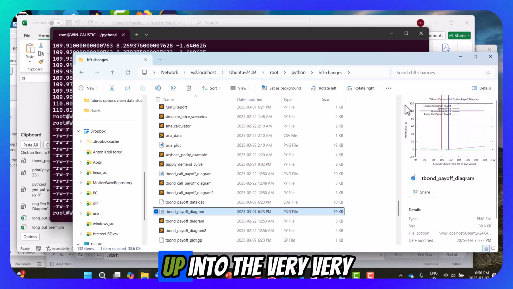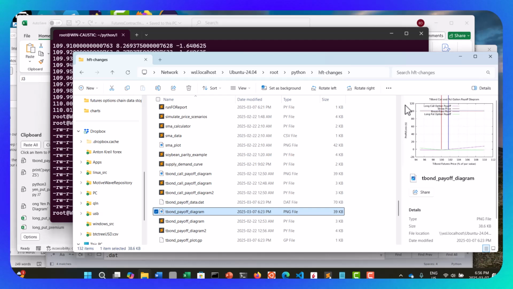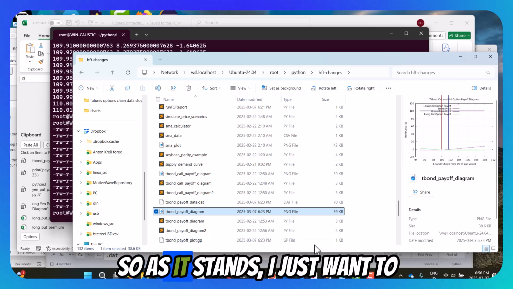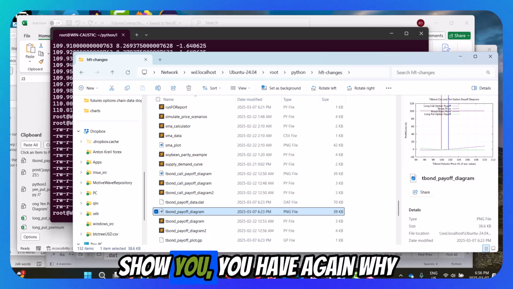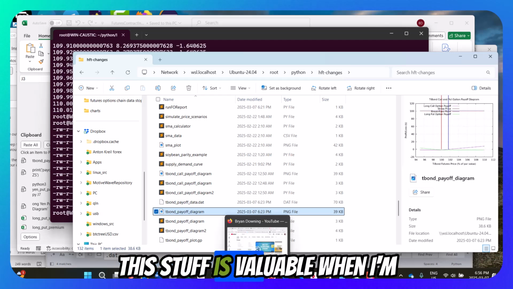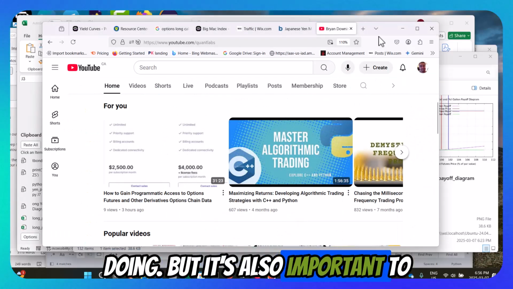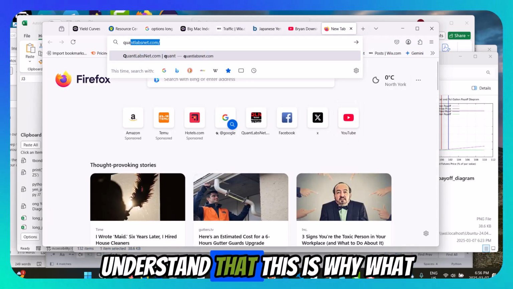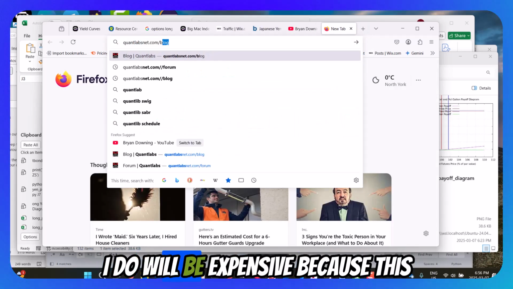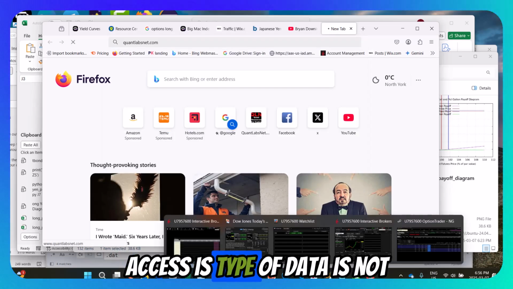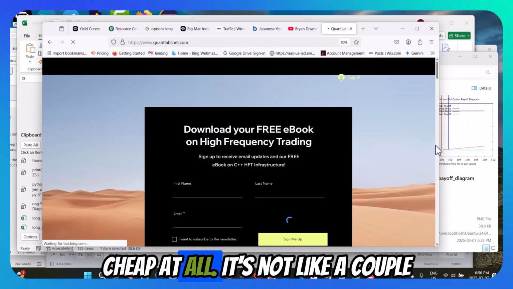And then you have to move up into the very, very expensive data per month, as I've shown. So as it stands, I just want to show you yet again why what I'm doing is valuable, but it's also important to understand that this is why what I do will be expensive, because accessing this type of data is not cheap at all.